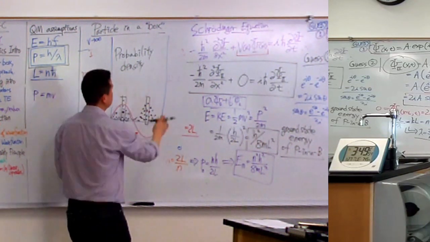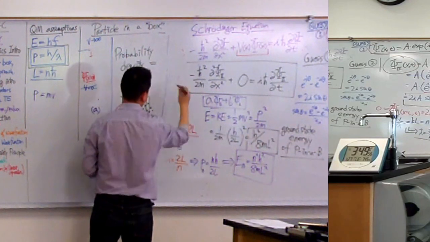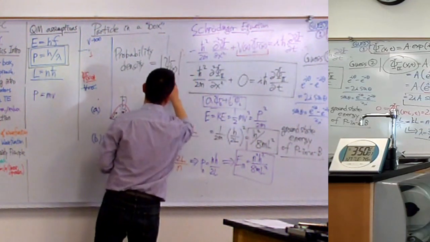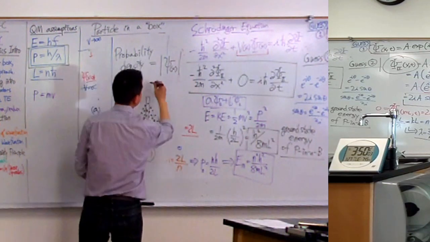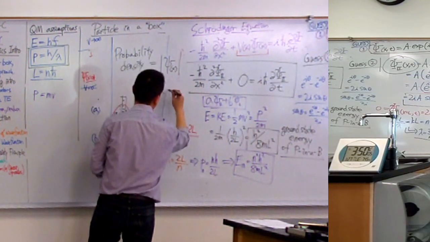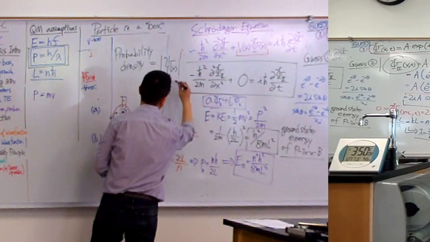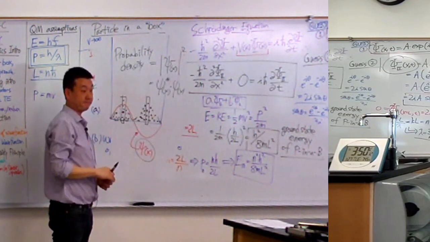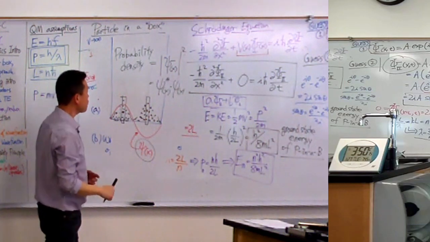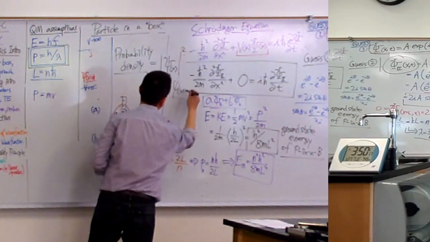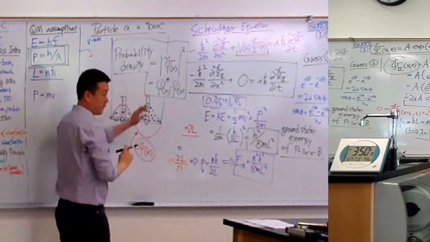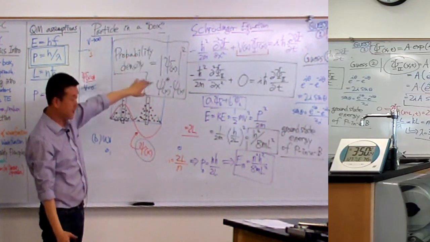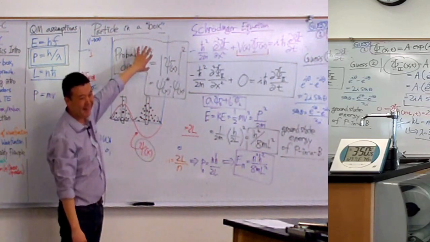The probability density is given by the absolute squared of the wave function, which to be technical is the complex conjugate of the wave function times itself. That's what absolute squared always means. So this is the interpretation of the wave function. Whatever else the wave function represents, this is correct.